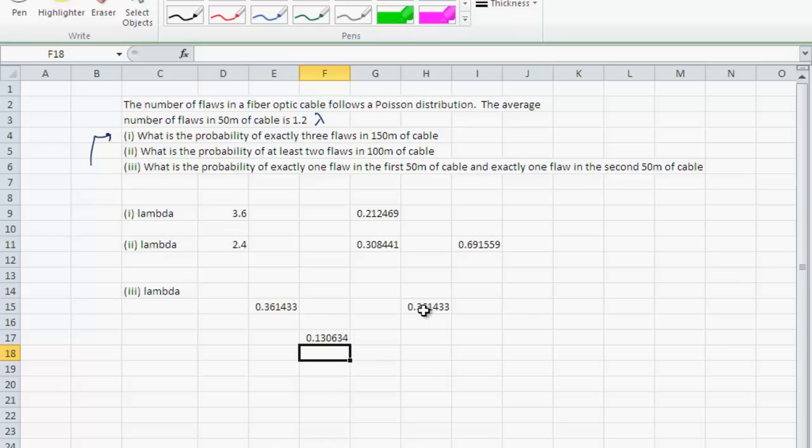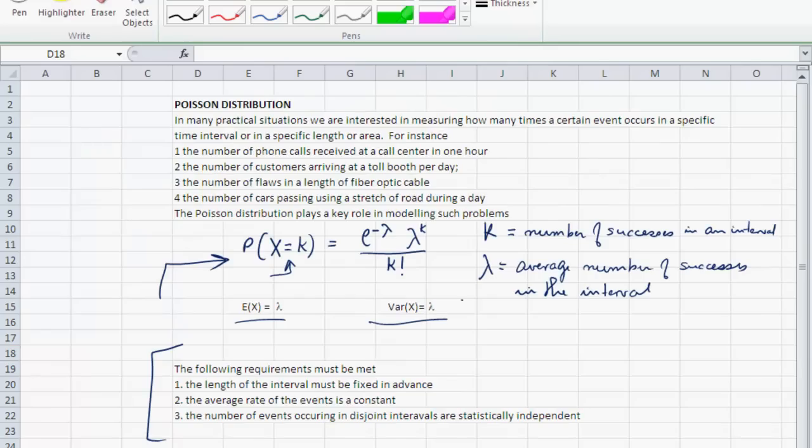Now, if you go back to the few examples that we had at the beginning of our discussion, the number of phone calls received in a call center, number of customers arriving at a toll booth, these calculations of the probabilities are not idle calculations. They are very important calculations that are the basis of staffing decisions.